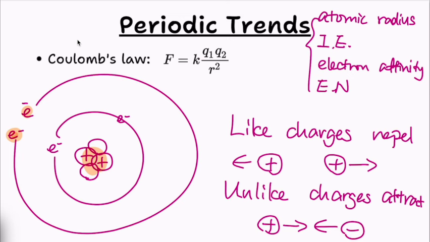So the positively charged nucleus and the negatively charged valence electrons attract each other. The amount of attractive force can be calculated using Coulomb's law. The force is equal to the Coulomb's constant k, multiplied by charge 1, multiplied by charge 2, divided by r squared. r represents the distance between the electrons and the nucleus. Q1 represents the charge of the nucleus, and Q2 represents the charge of the electron.